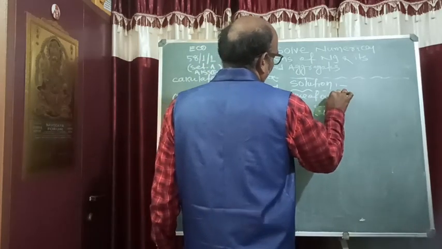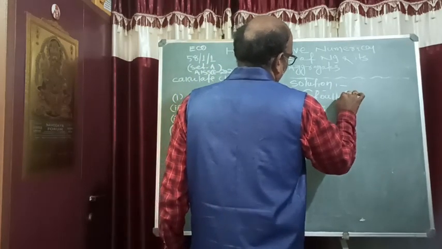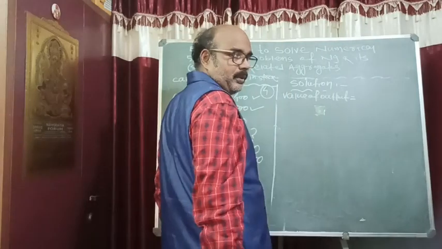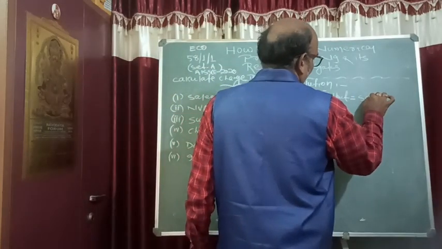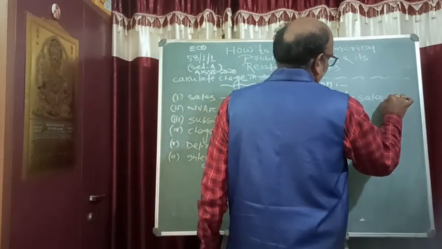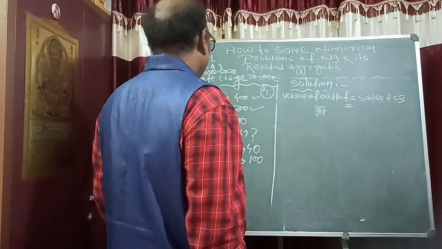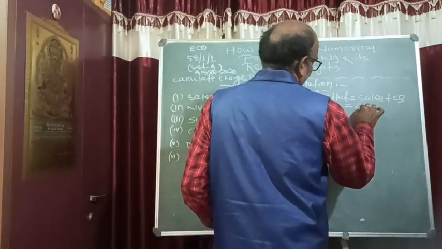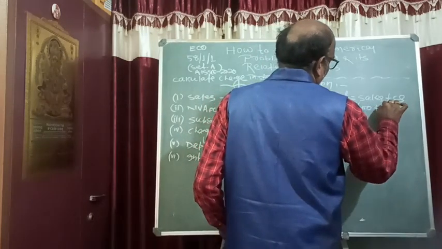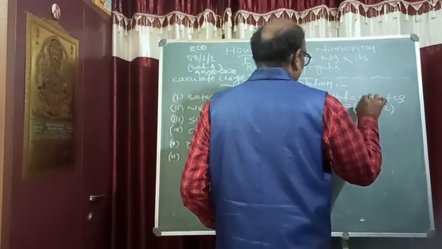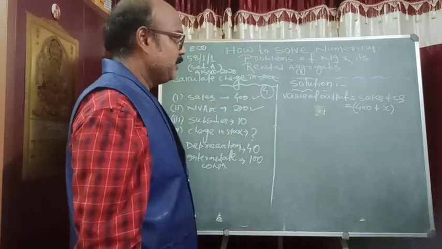Value of output. So value of output, that is the product method, we know that is sales plus change in stock. So sales is given as 400. Let the change in stock be X. So this is your value of output, that is sales plus change in stock.